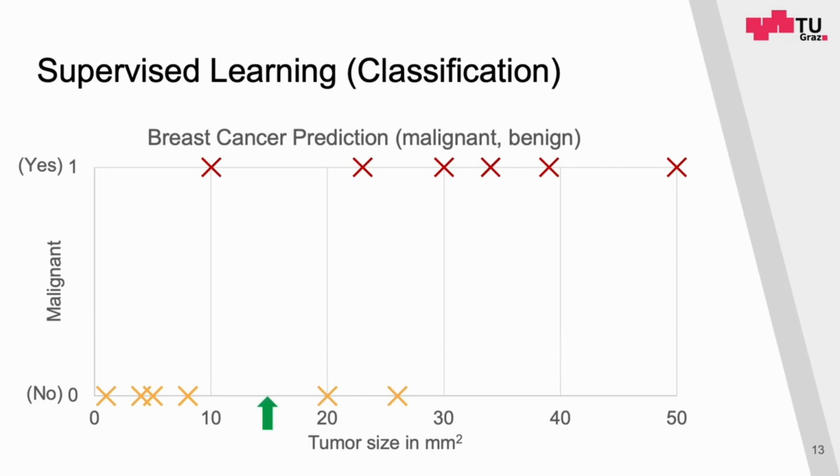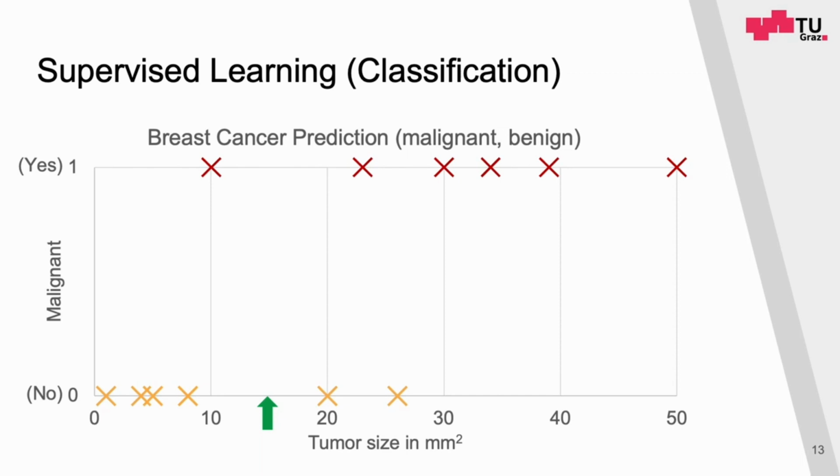Alright, so given that data, we can already make an intuitive prediction. So imagine that a patient comes to you and wants to know if his tumor is benign or malignant. And the patient's tumor size is, for example, 15 square millimeters, as shown here with the green arrow on the x-axis.